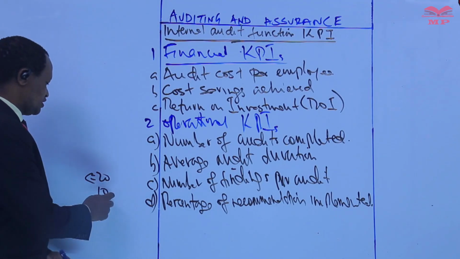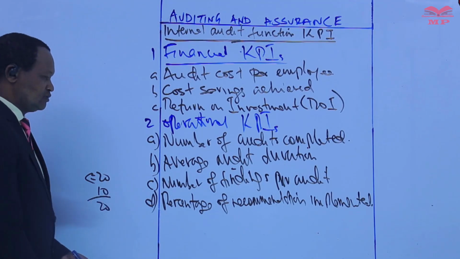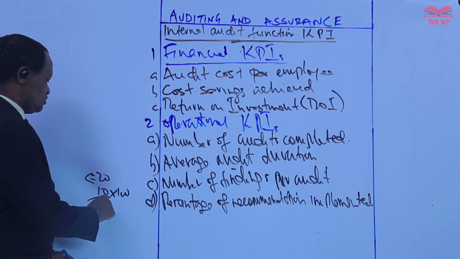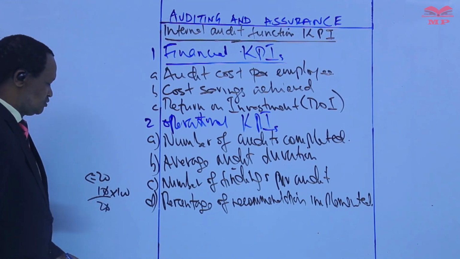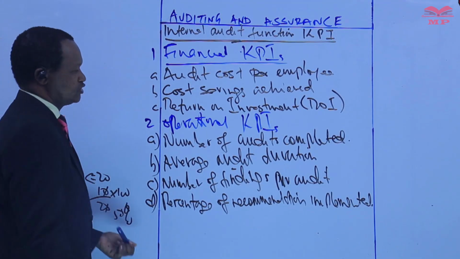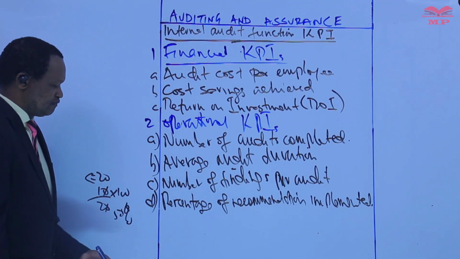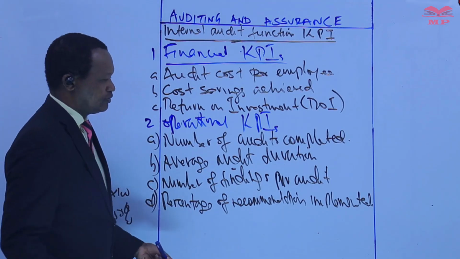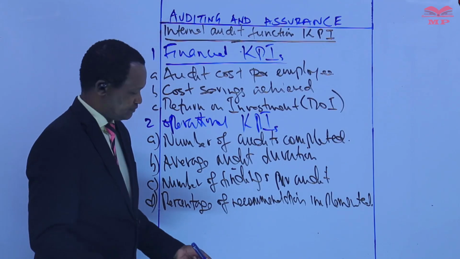So that is 10 over 20, times 100. This is just 50% of recommendations implemented. But the idea is to have all the recommendations implemented.